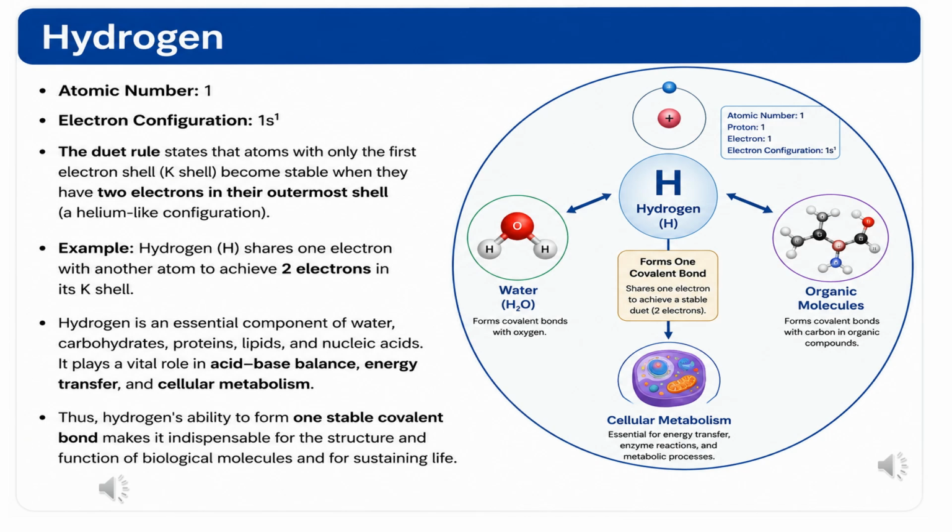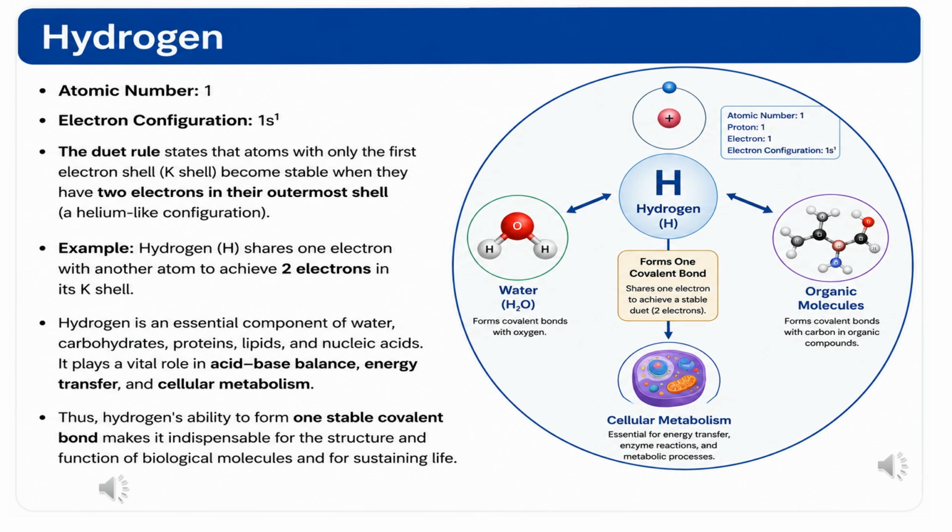For example, in a hydrogen molecule, H2, each hydrogen atom shares 1 electron with the other, allowing both atoms to attain 2 electrons in their outermost shell. Hydrogen also forms covalent bonds with oxygen in water, H2O, and with carbon in organic compounds. Hydrogen is an essential component of water, carbohydrates, proteins, lipids, and nucleic acids.